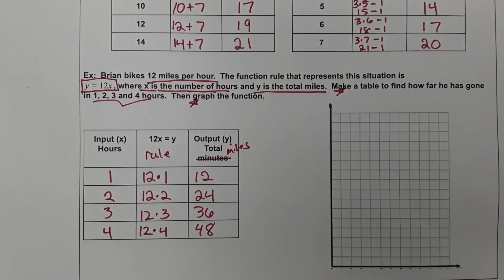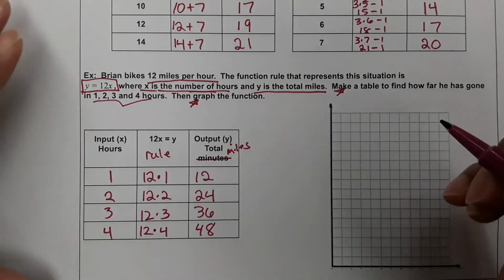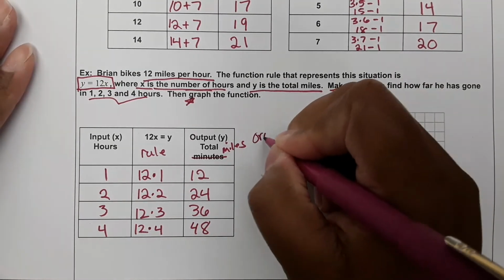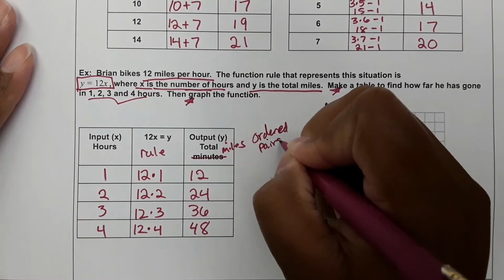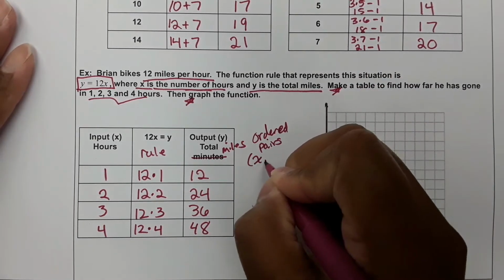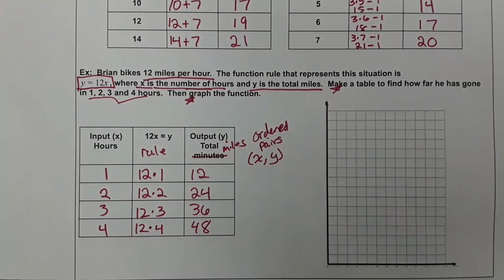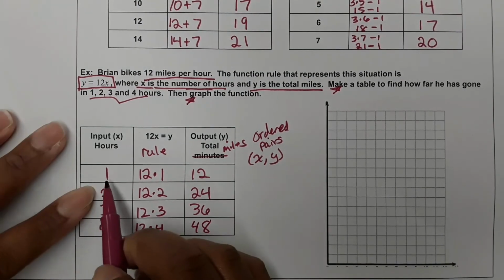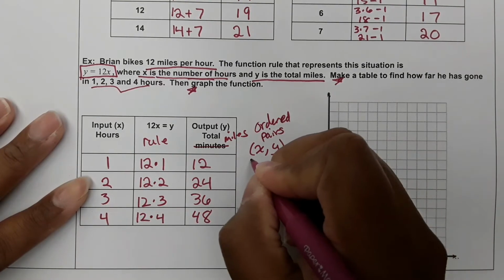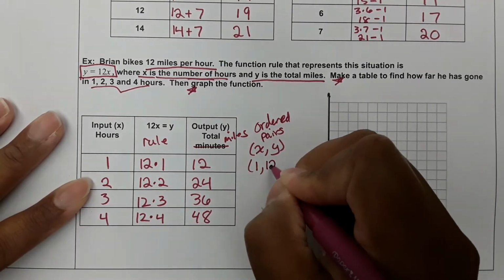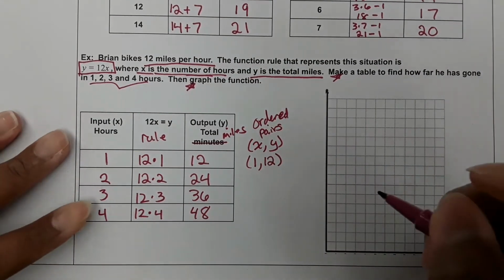Nice job, Brian. Now, in order to graph, we're going to need something called ordered pairs. And those come in the form of our x and then our y. So here we can see our x, our independent variables. It was 1, and when we put in 1, out popped 12 for our y, so we have 1, 12.